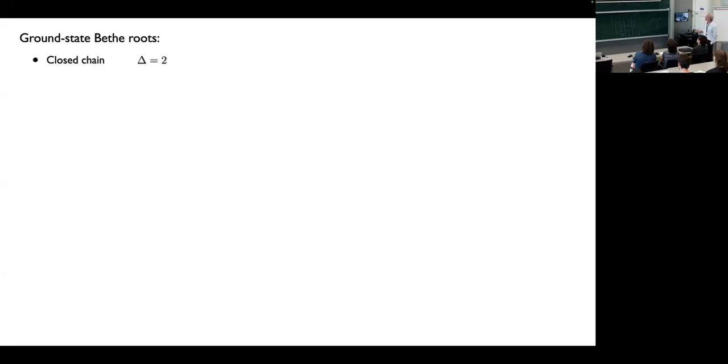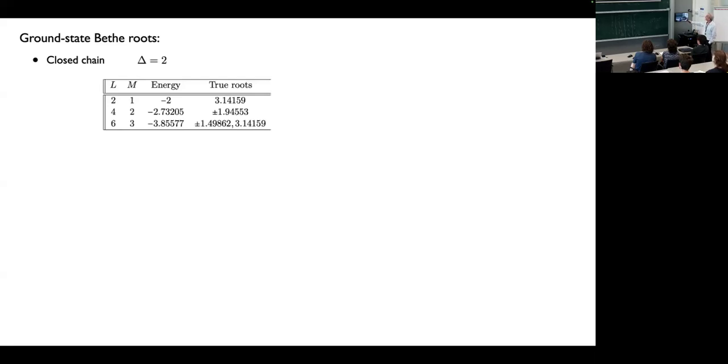So for the ground state Bethe roots, just as an example, we chose delta equal to 2, and we went over even values of L from 2 to 6, and so M from 1 to 3. Then this is the exact energy, and this is the true roots computed in Mathematica using Newton's method. Notice in this case, the Bethe roots are real.